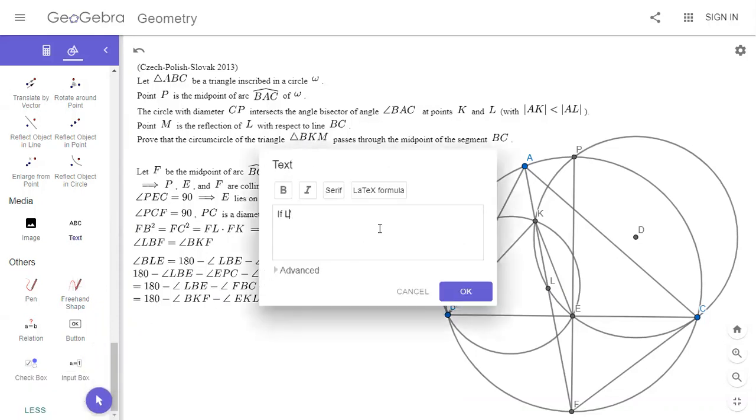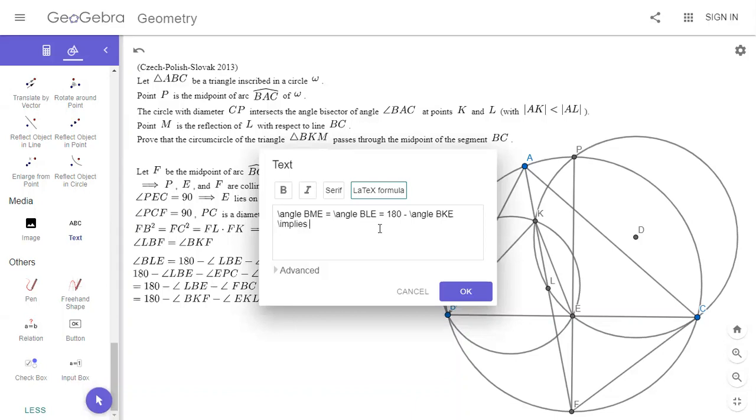So if L prime, actually they give you M in the problem statement. So angle BME is equal to angle BLE, which is equal to 180 minus angle BKE.